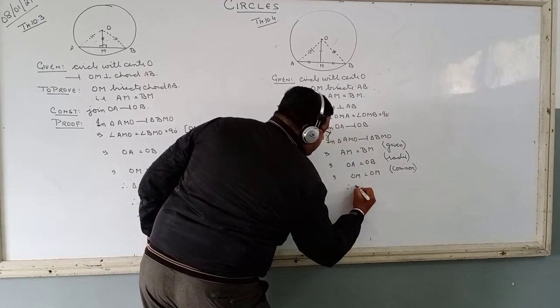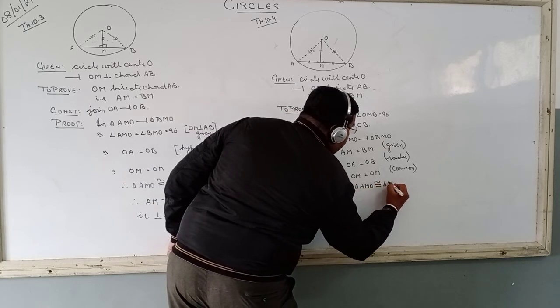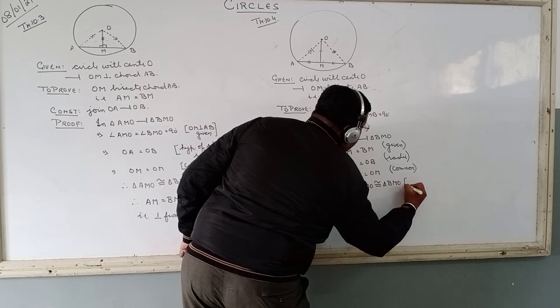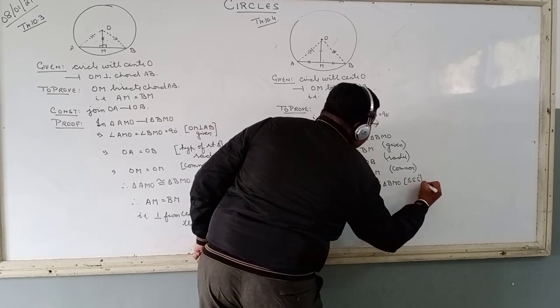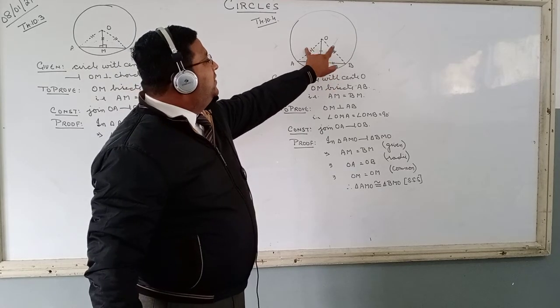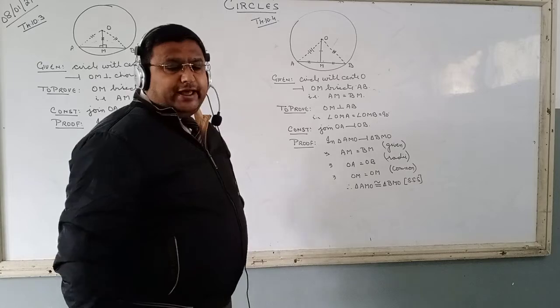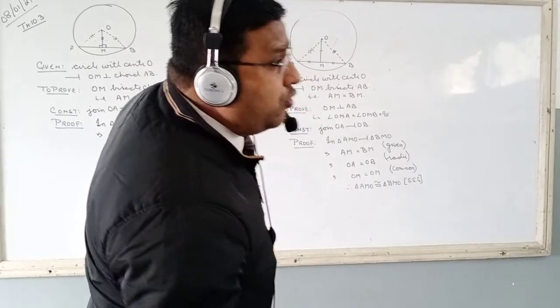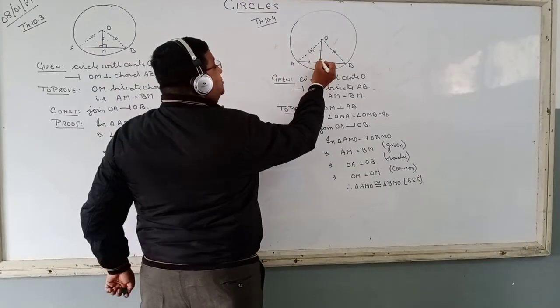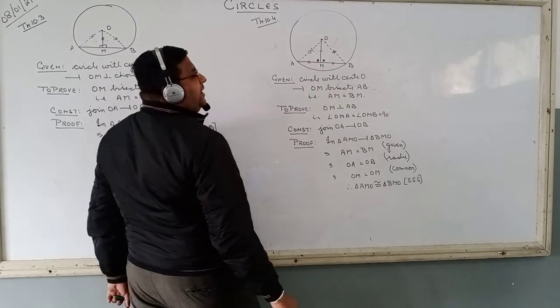So therefore, triangle AMO is congruent to triangle BMO by what congruency? SSS. All three sides of the triangle are respectively equal. So therefore, they are congruent. And if they are congruent, are these two angles equal by what property?